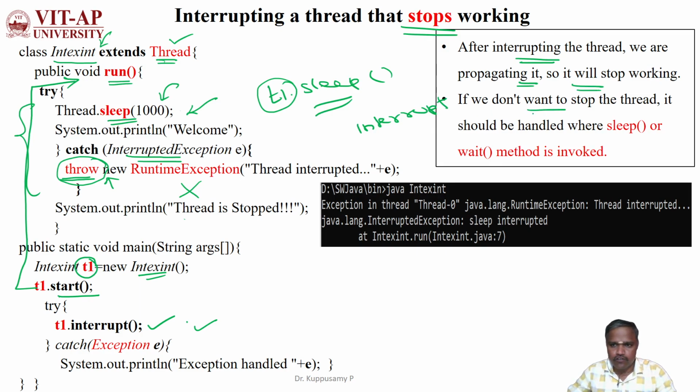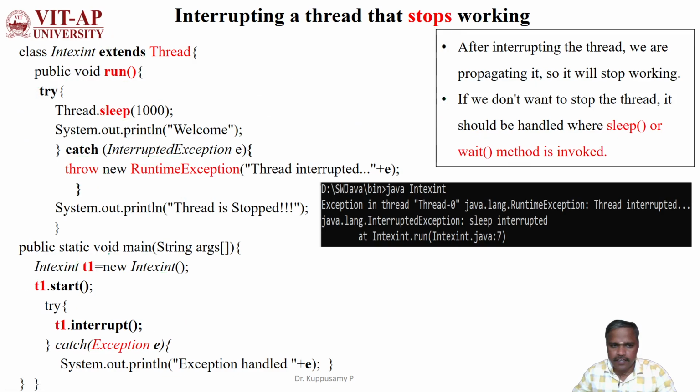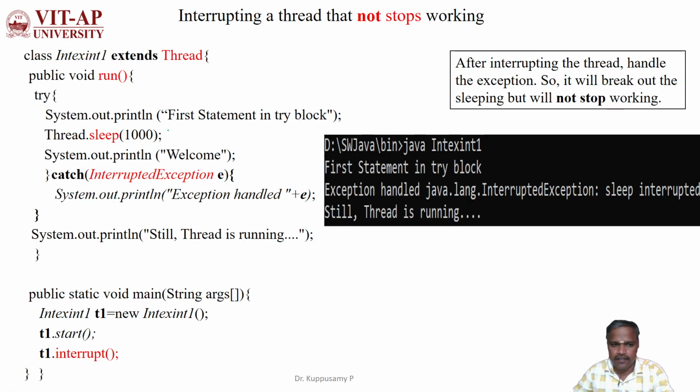If we don't want to stop the thread, then that exception should be handled where the sleep method or wait method is invoked. Here we are invoking the sleep method, and there itself it should be handled. The next program shows that. Here you see the sleep method is invoked, and here itself we are handling that exception.